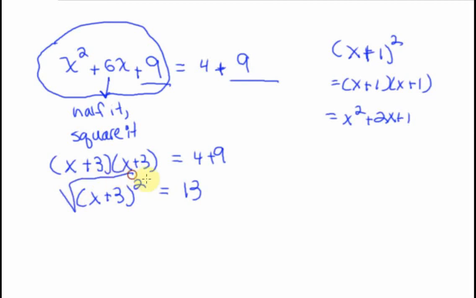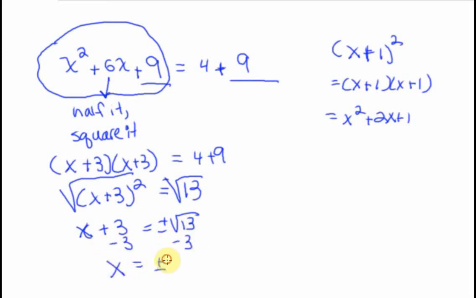Then I could square root both sides. And so, oh, that's an ugly x. x plus 3 is equal to plus or minus the square root of 13. Subtract 3 over, and that's all we're going to do. x equals positive or negative square root of 13 minus 3. We've solved for x. So that originally is a problem that would not have factored, but we created a perfect square by halving it and squaring it.